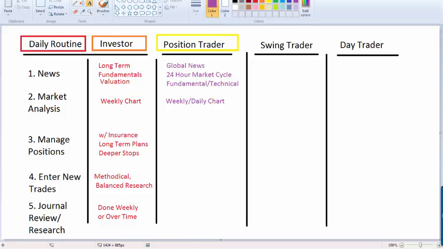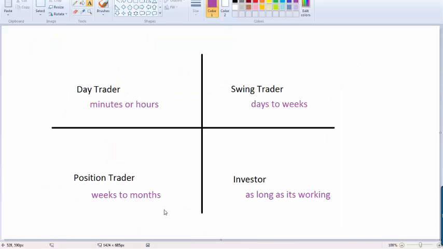Position traders, from a time frame standpoint, tend to be in for weeks to months. You might buy a stock or an ETF and plan on holding it for a couple of months. If you're a position trader, you're looking at that as a longer-term opportunity relative to day trading.